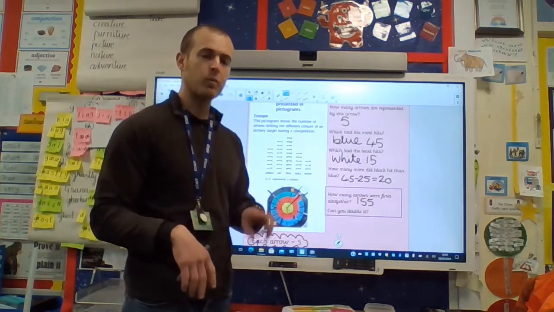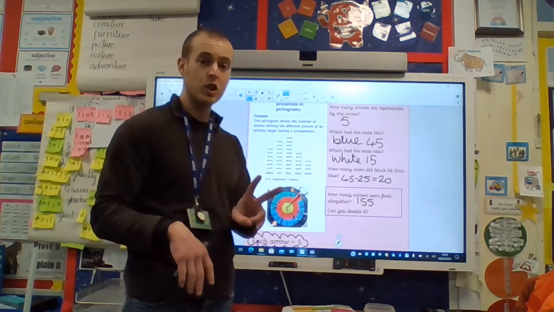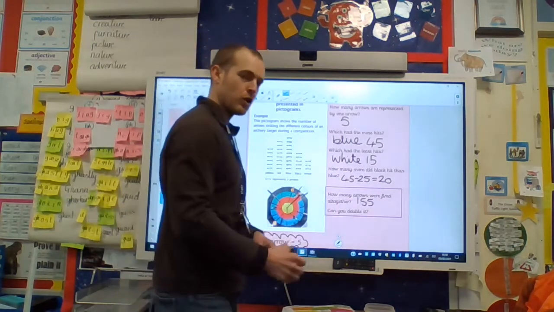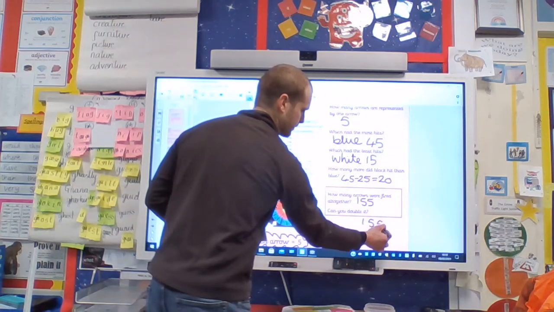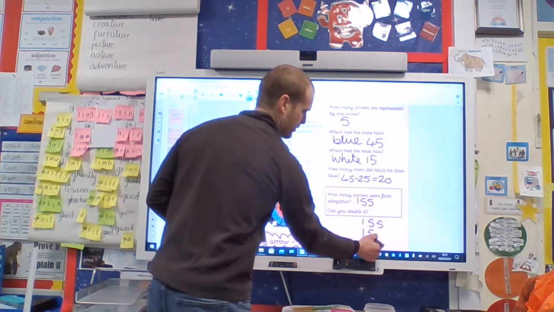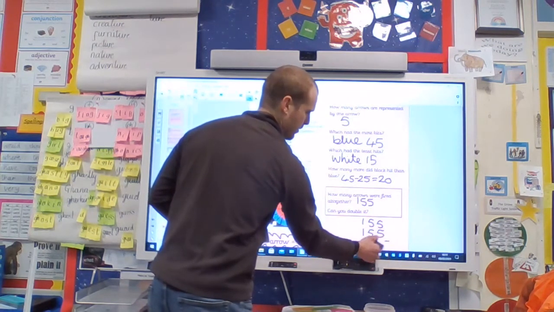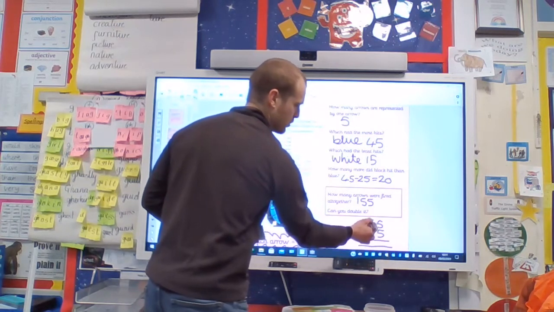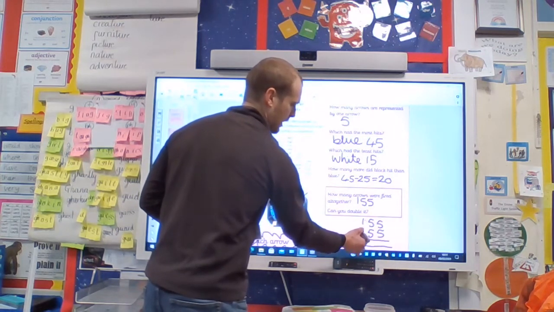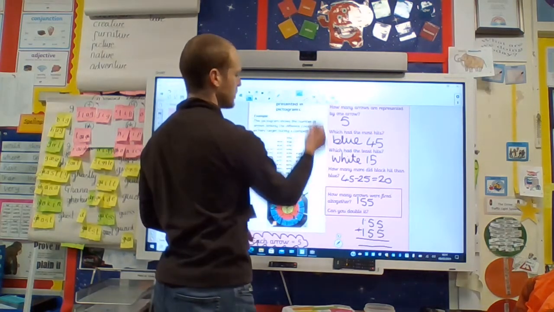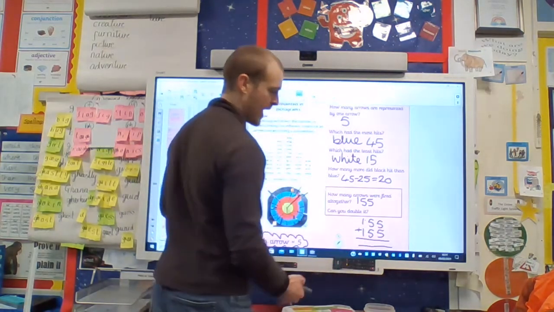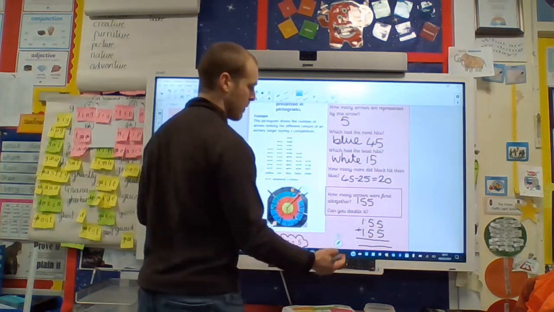To double it, we multiply it by 2 or add 2 of the same amount. Let's use column addition. 155, 155, making sure that we've lined up in hundreds, tens and ones, add sign and equal sign. We always add our ones up. 5 add 5 is 10. 10 is a 2-digit number, remember.